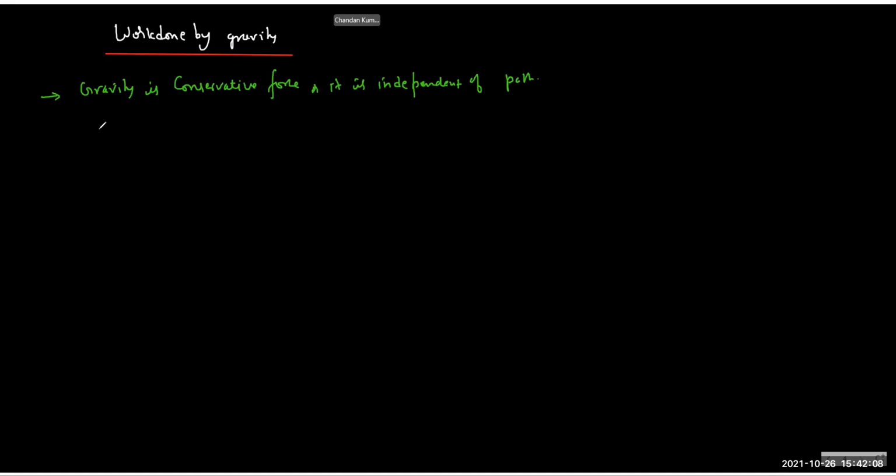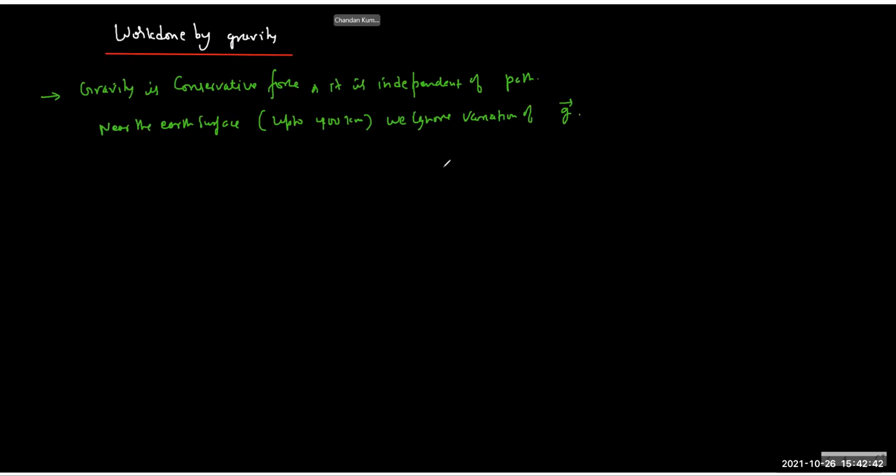Now, near the Earth, you can take up to maybe 400 kilometers. We ignore the variation of g. g is the acceleration due to gravity, which we know.